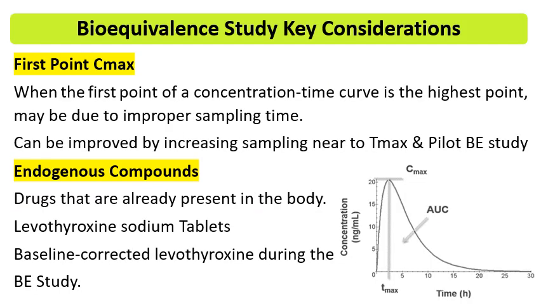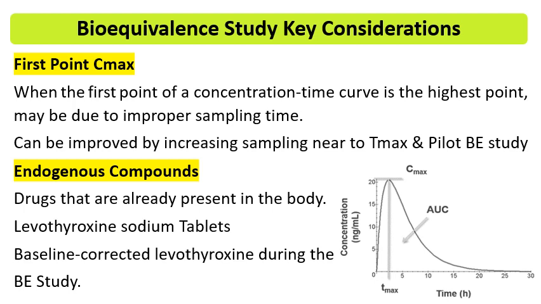Then coming to the first point, Cmax and endogenous compounds. So first point, Cmax means if you take the samples from the subjects, that means blood samples, and you observe that on the first sample you are getting the Cmax. That means there is some error in the sampling times. That's why the first sample is showing the Cmax.